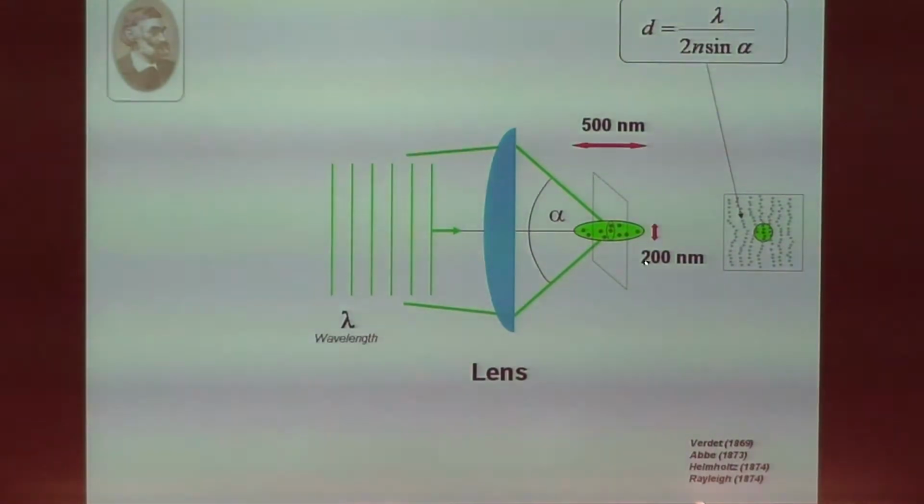And so what we get here is a minimum spot of light, defined by the wavelength, by the phenomenon of diffraction, that has a finite size. It is at least about half a wavelength in this direction and about a wavelength in that direction. And this is why we have the 200 nanometers here and about 500 nanometers in this direction for visible light.